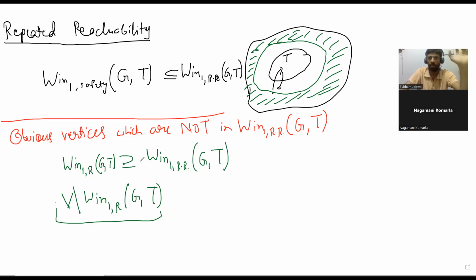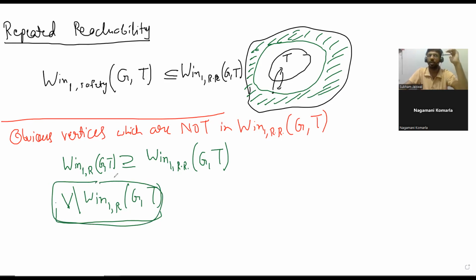I will write the algorithm, but that is important for us because that means if you are playing the game on a smaller graph, then the game should never interact with this part of the graph.